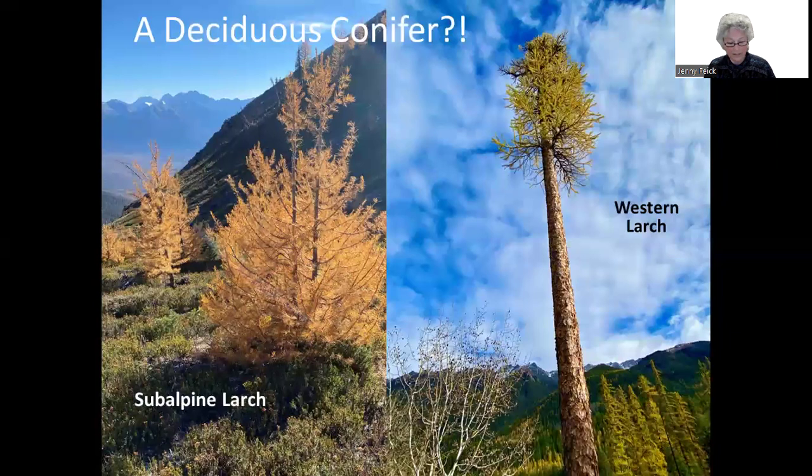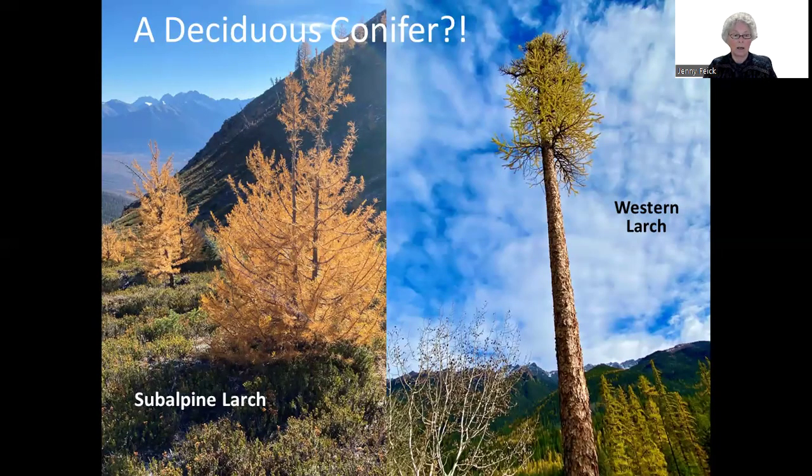And just to make life interesting, there are also what are called deciduous conifers along the GDT, larch trees to be precise. And larch trees have needle-like leaves that they shed each autumn. And along the southernmost part of the GDT, you might see some western larch.